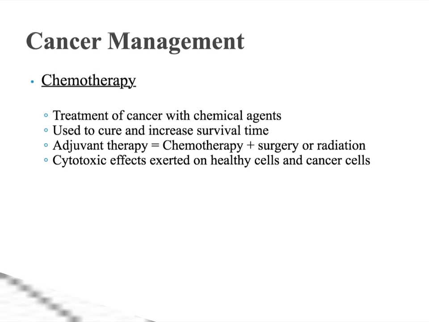So we do kind of the same thing with the chemotherapy. The only issue with chemotherapy is as we give them medicines that kill their cancerous cells, sometimes we can also kill the good cells. So there's a lot of side effects that can occur with chemotherapy treatment.